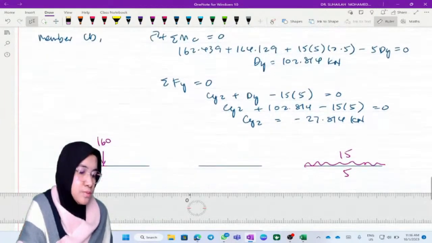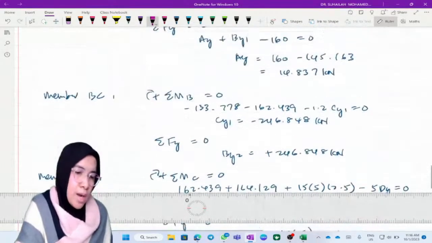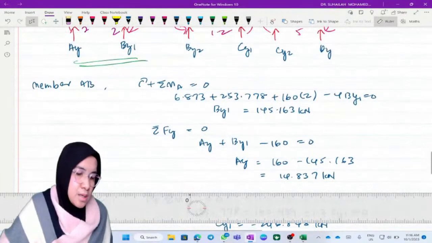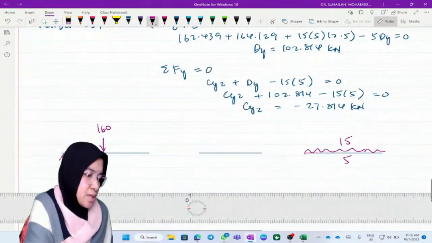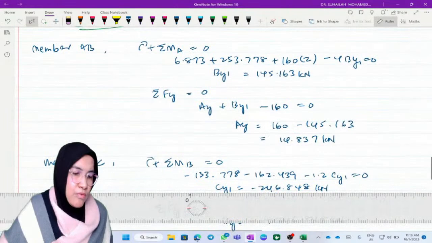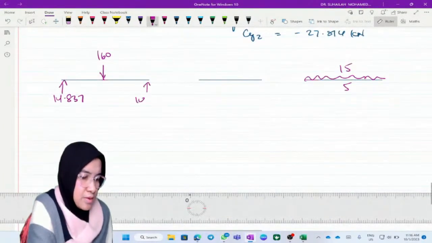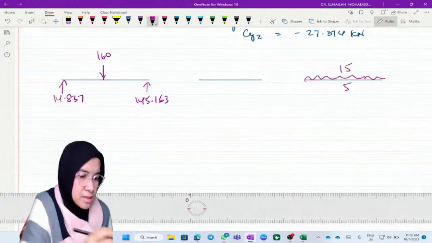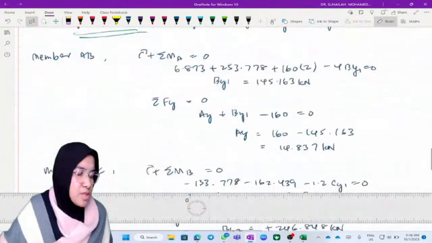For member AB: AY is 14.837 and 145.163. Moments are positive, positive.